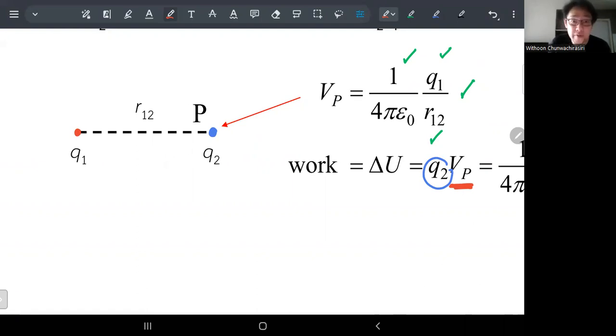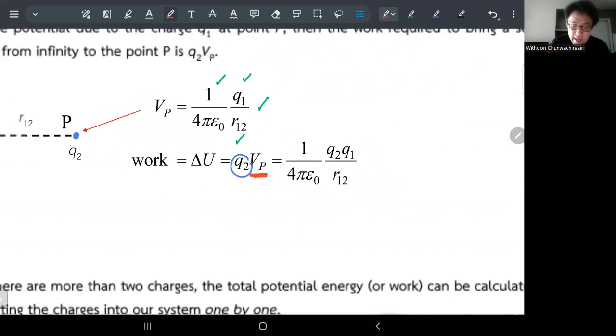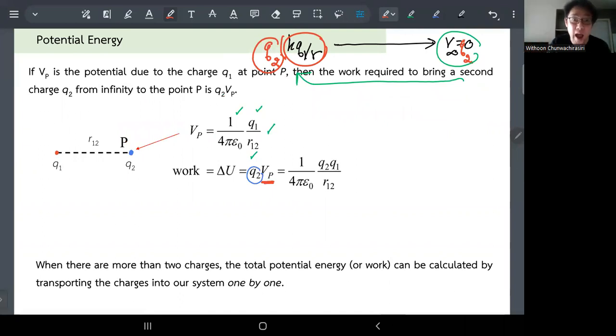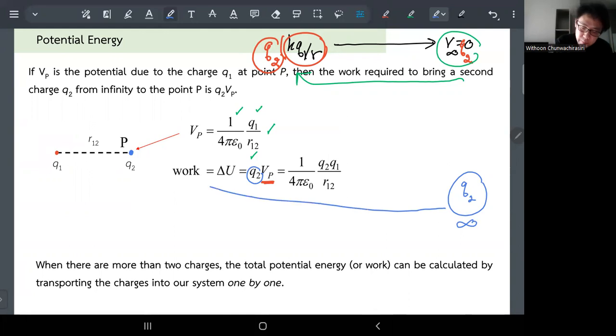So now you know the amount of charge you want to bring is Q2. You just multiply it back. You get the amount of energy, right? But what it means is, imagine you drag the Q2 from infinity, that is so far away, and just put it there. You need Q2 VP amount of energy to do that. And that is it. I hope you understand what it means by potential energy now.